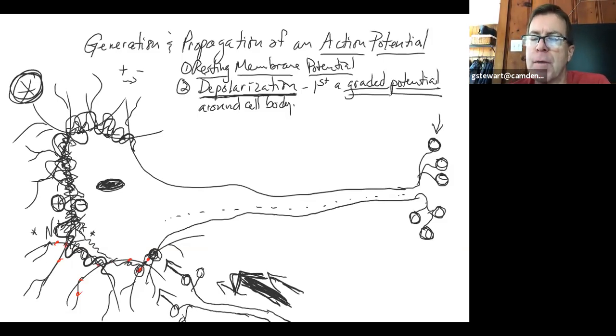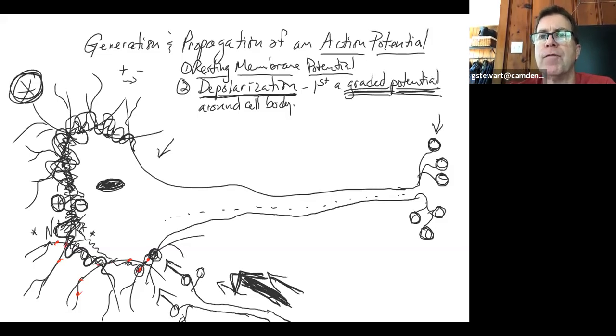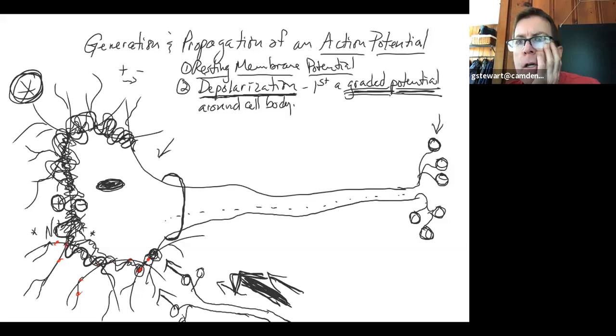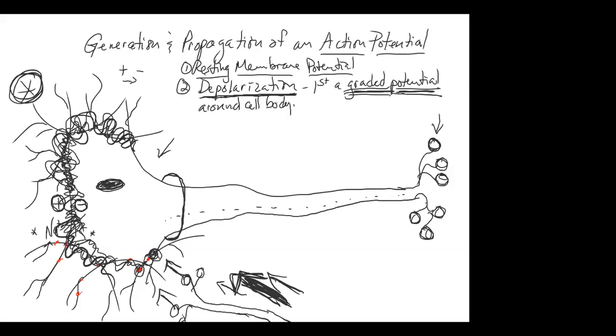Now, if we stimulate this nerve cell strongly enough, the graded potentials will cause this receiving cell to reach its threshold. That means these waves of depolarization will be so strong that they will cause something magical to happen here at the axon hillock. So depolarization just means we stimulate this resting cell.